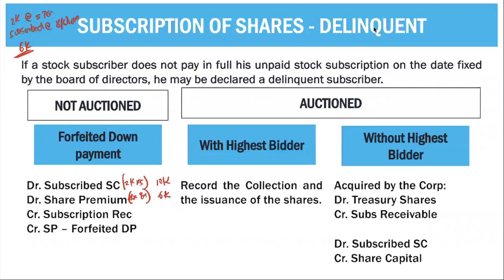You remove the balance of your subscription receivable. So we have 16,000 less the collection of 6,000, 10,000, and whatever is the collection, it is treated as a forfeited down payment. So if it is treated as forfeited down payment, you credit share premium forfeited 6,000.